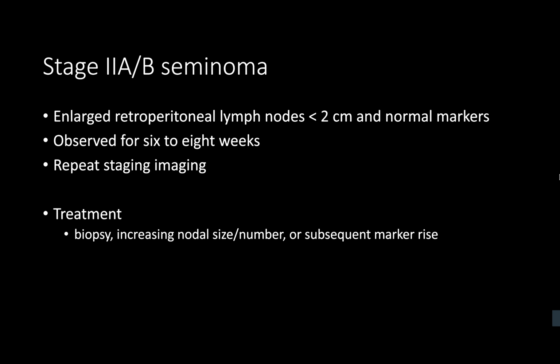So for a stage 2B, I would suggest not to bring in the IGCCG risk stratification, because it can be brought in if it is a stage 2C or above. Okay. So for a stage 2B, there is not much difference in the treatment.